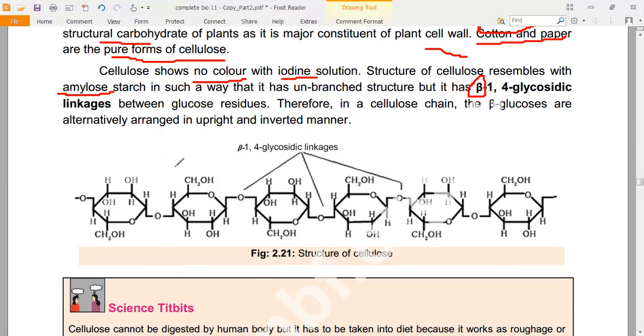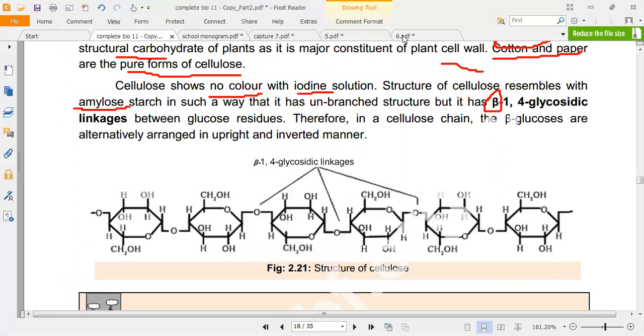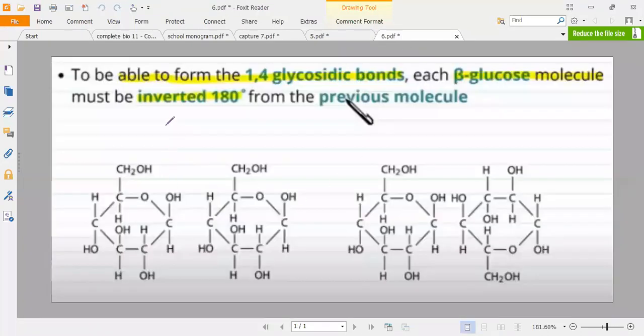How is this made? If you see this structure, as I'll show you here, each beta glucose molecule must be inverted by 180 degrees from the previous molecule.